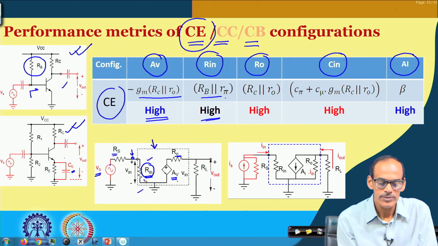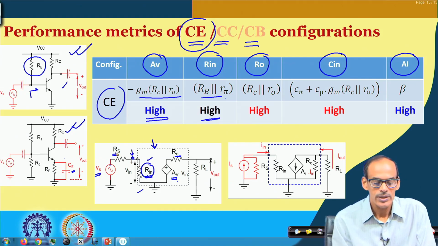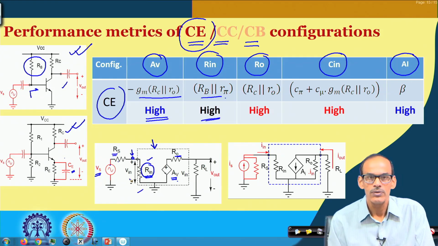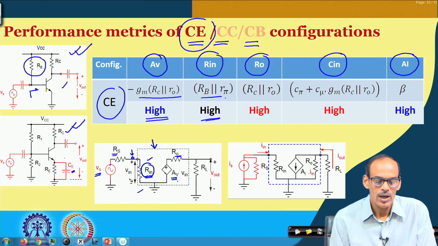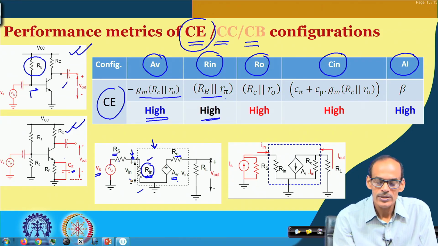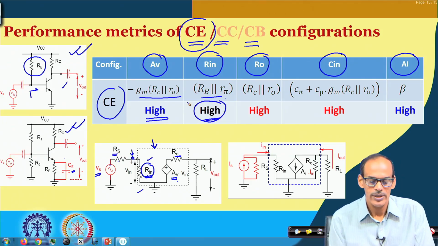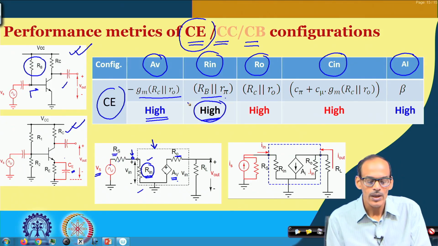On the other hand, if the R in is much lower than R s, then there will be significant or maybe very high signal attenuation. So, whenever we call some amplifier good, we like to see that this input resistance should be as high as possible. Okay.